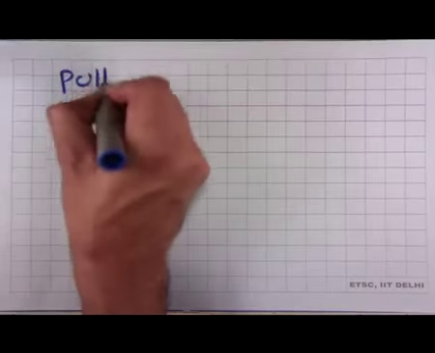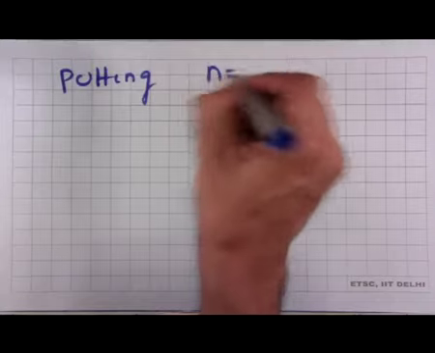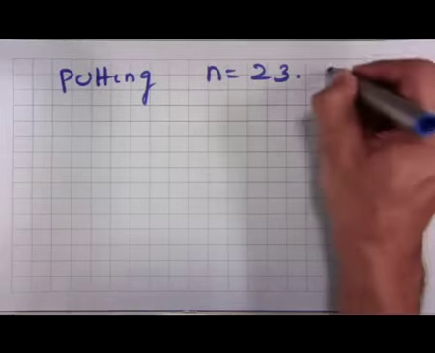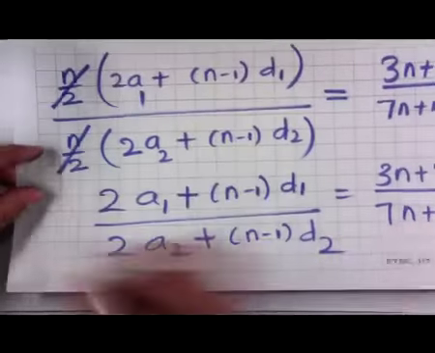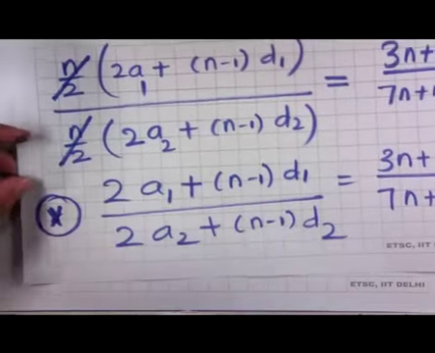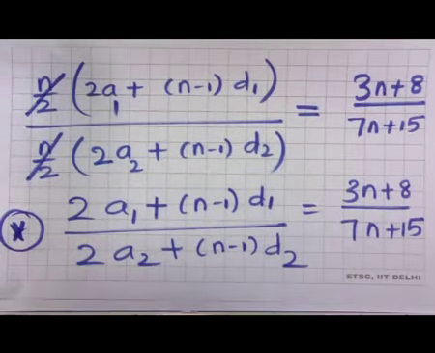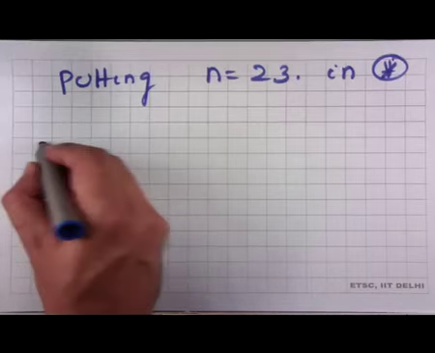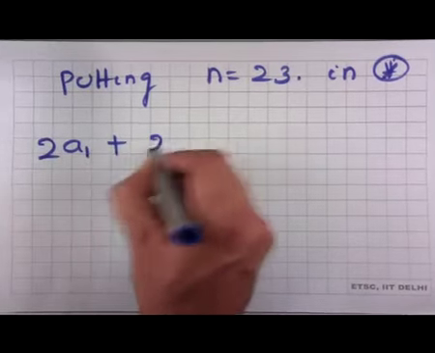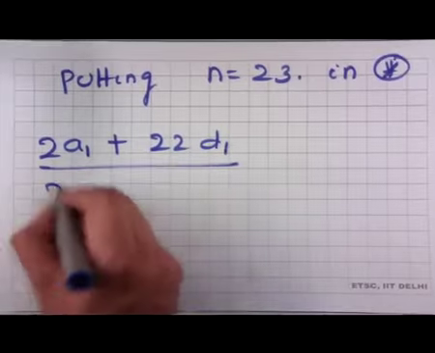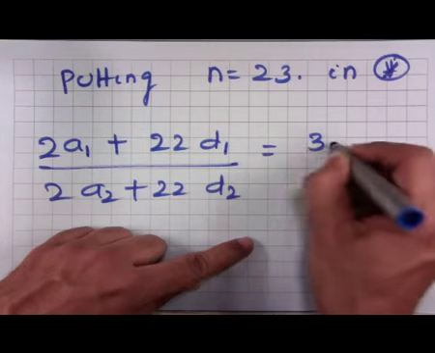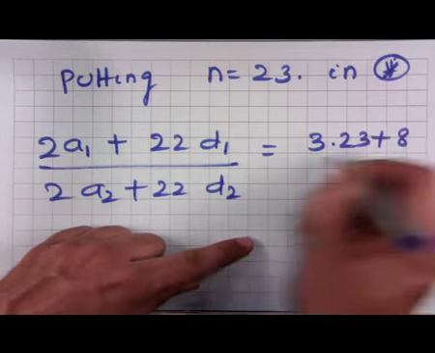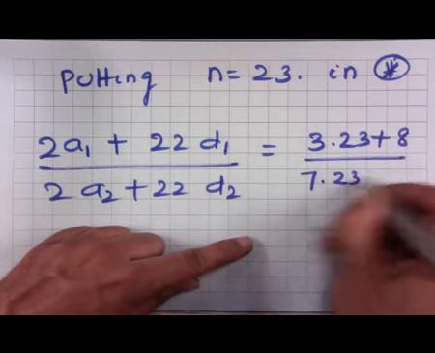Putting n equal to 23 in star, by star I mean this equation, we have 2a1 plus 22 d1 by 2a2 plus 22 d2 is equal to 3 into 23 plus 8 by 7 into 23 plus 15.